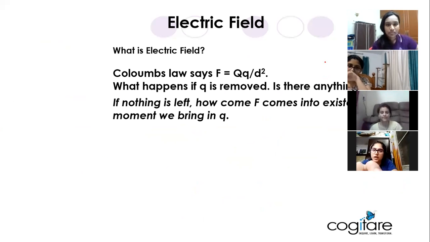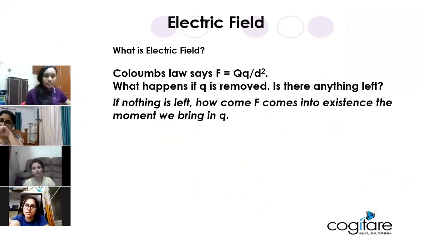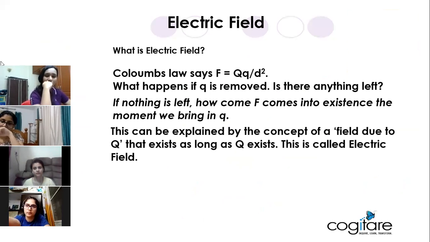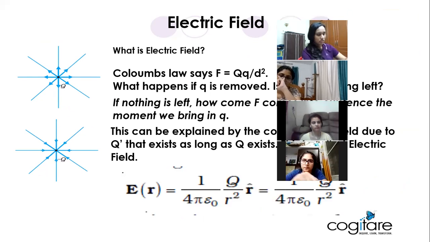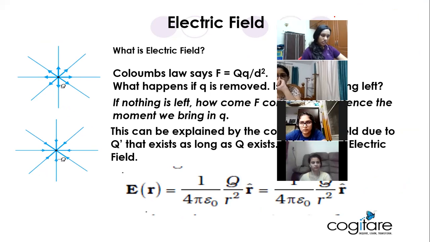If nothing is left, how come force F comes into existence the moment we bring in Q? This can be explained by the concept of a field due to Q that exists as long as Q exists. This is called electric field. So as long as the Q is existing, you have this electric field, and this electric field E is defined as 1 by 4 pi epsilon naught Q by R square.